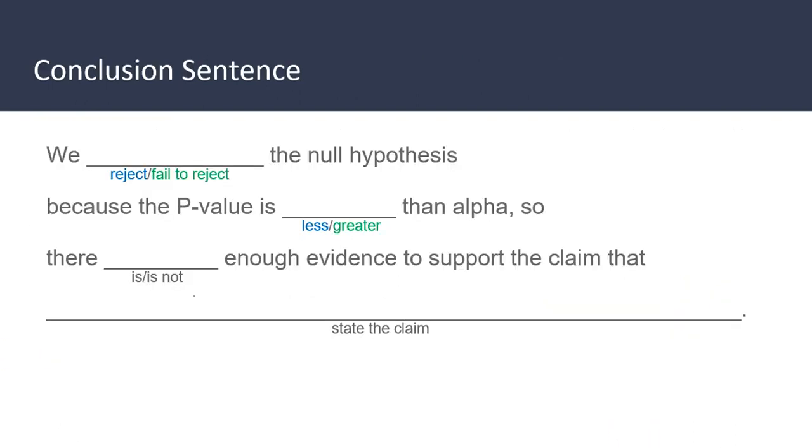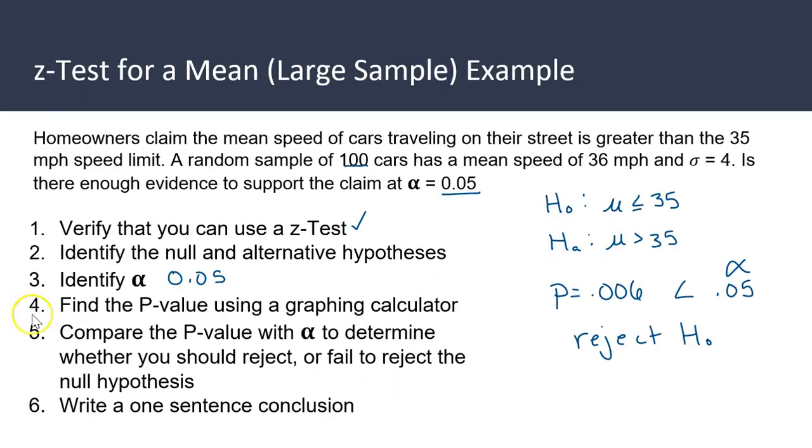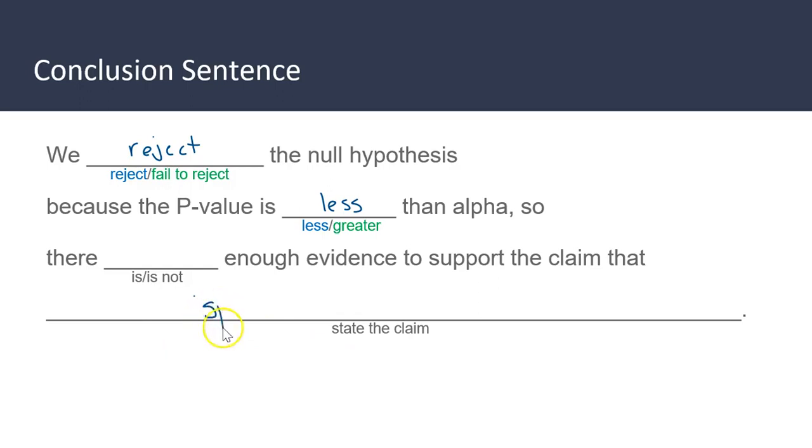Okay, and then we're going to write our conclusion sentence just like we did with proportions. So we reject the null hypothesis because the p-value is less than alpha. All right, and then we have to go back and look for what is the claim. The claim is that the speed is greater than 35. That's our claim.